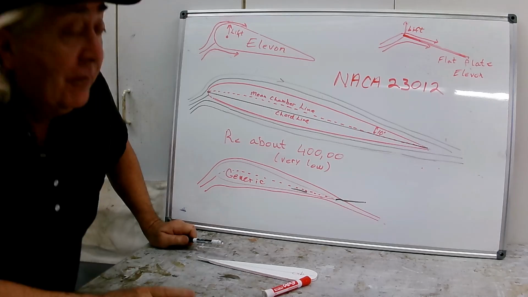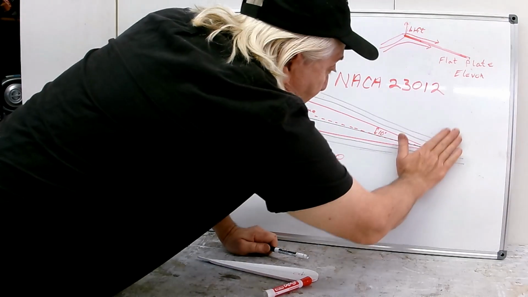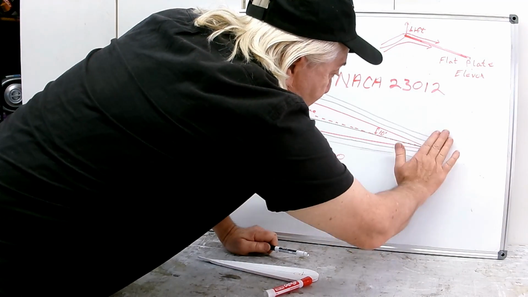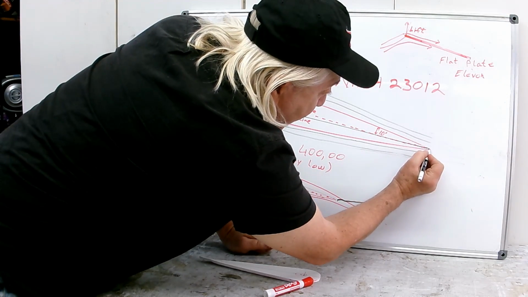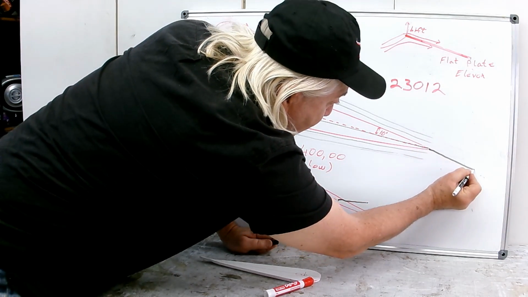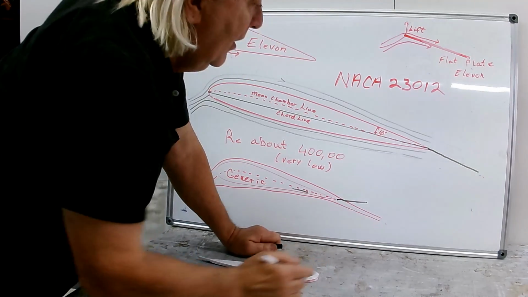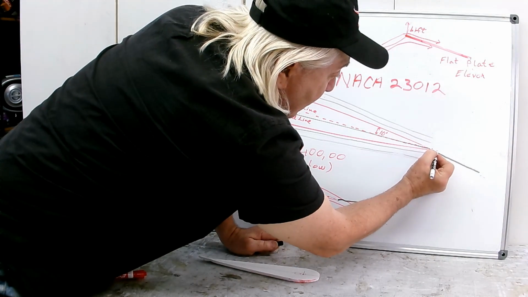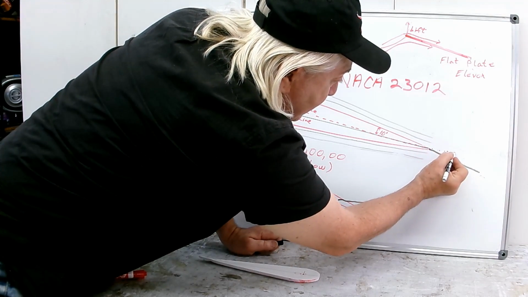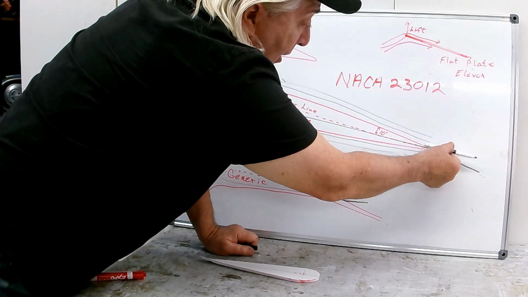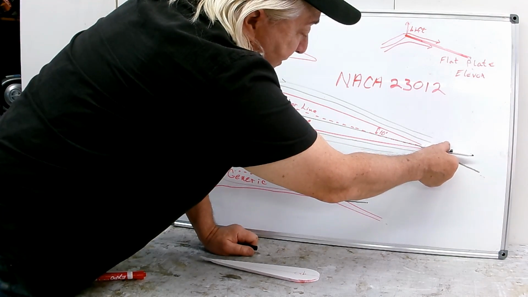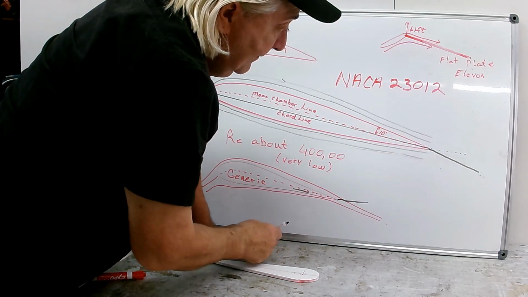So I'm going to get in the way of the picture here. I'm going to go over here and replace these streamlines here. So let's say that we have our flat plate here and it's deflected down this way, like that. Normally, in neutral flight, it'll just be going straight back right along the chord line. This is normally where the flat plate control surface would sit when you're flying along in neutral flight.